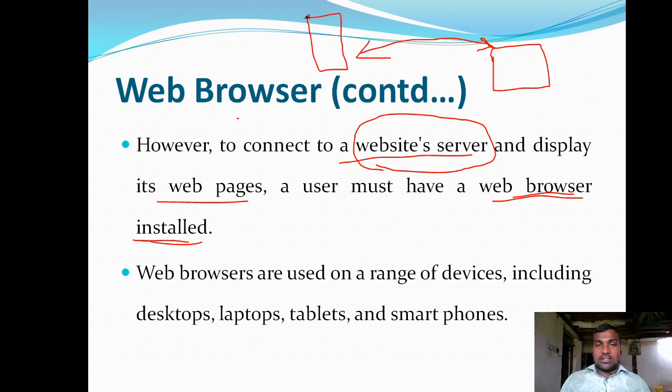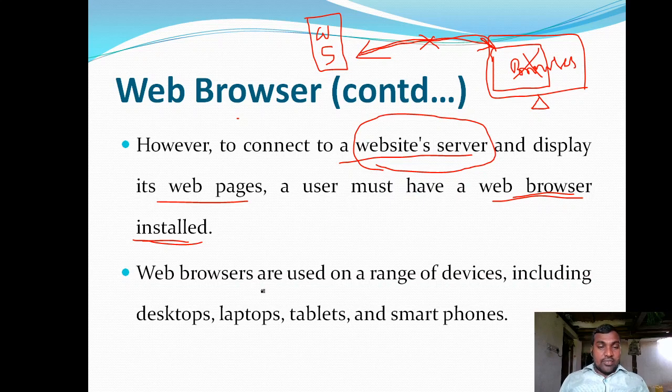For example, this is the web server and this is the user's browser on his PC, a computer. Without this browser we cannot establish this connection with the web server. So a browser is an application, a software that establishes the communication or connection with the web server.